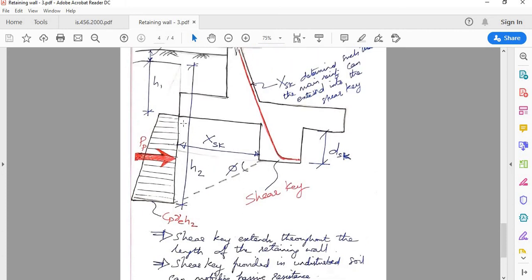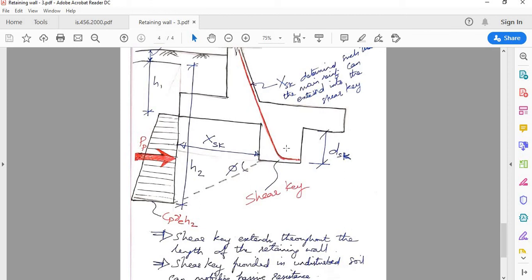Now it's also been proven that the net passive earth pressure is not just up to this level. You will have an angle phi, where phi is the angle of repose, of course. So this much depth will be effective in the passive earth pressure. This is the additional passive earth pressure resistance that you get due to the shear key.